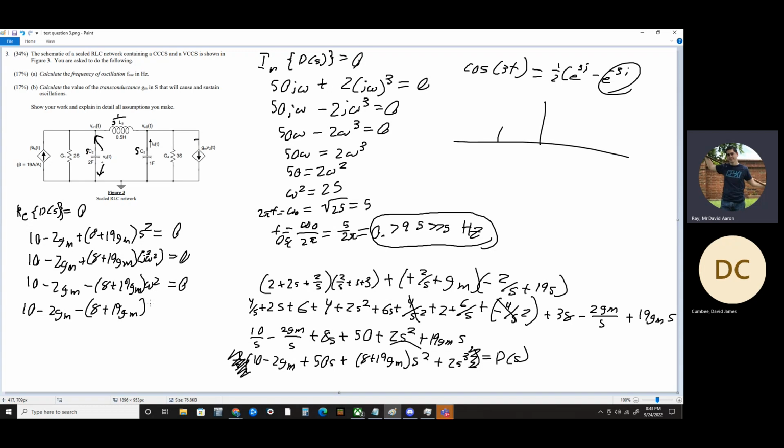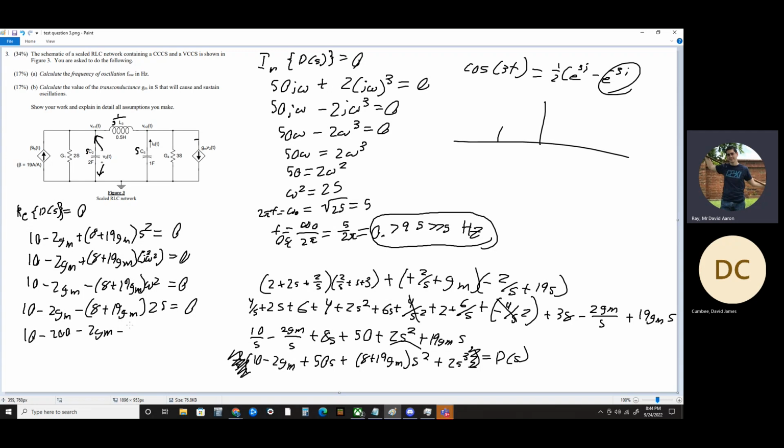Omega squared turns into 25 equals 0. And then it's going to be 10 minus, let's see, 25 times 8 is going to equal 200. So it's going to be 10 minus 200 minus 2 gm minus 19 times 25. That's going to be 475.